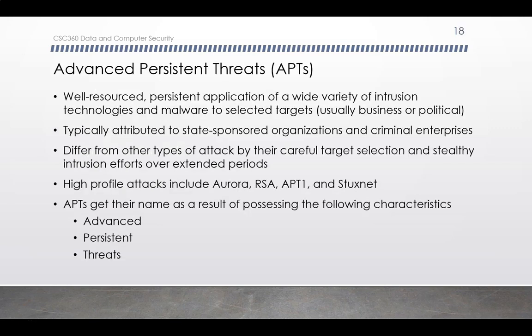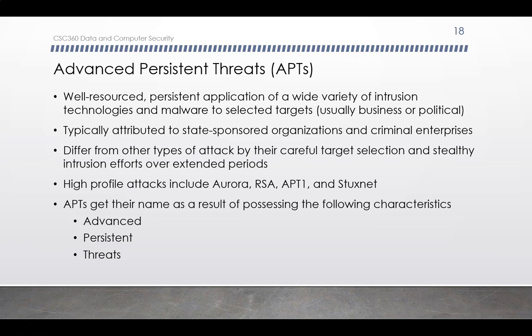Let's examine something called an Advanced Persistent Threat, or an APT. Advanced Persistent Threats are not a new type of malware. An advanced persistent threat is a type of cyber attack in which the attacker gains and maintains unauthorized access to a targeted network.